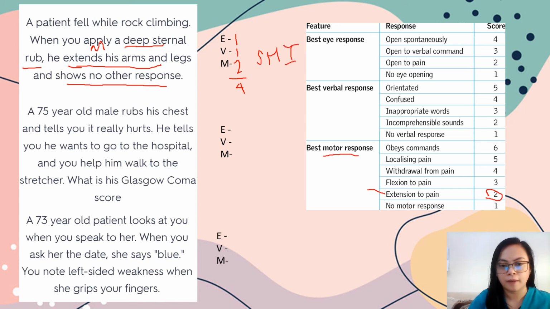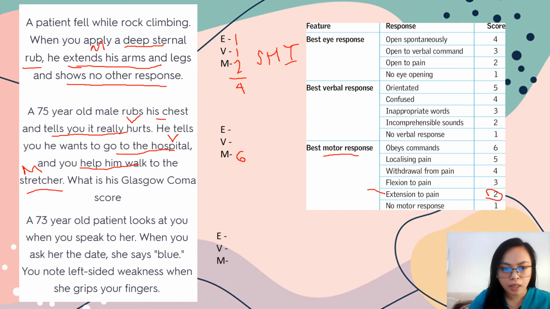Next, a 75-year-old male rubs his chest and tells you it really hurts. This is verbal. He tells you he wants to go to the hospital, verbal, and you help him walk to the stretcher so he can move, motor. So our score for motor here is 6 because he is able to walk with minimal assistance.